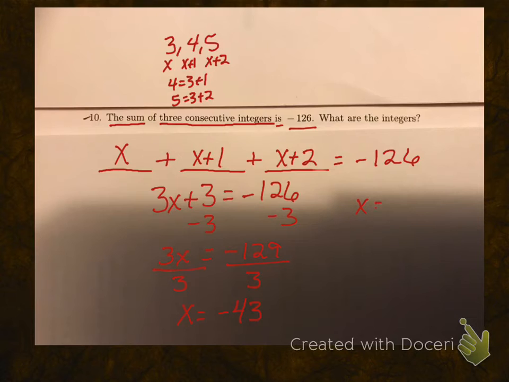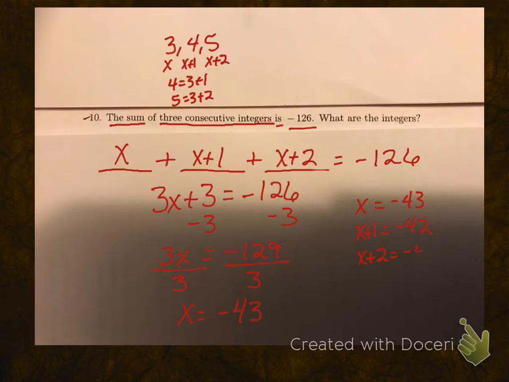Okay? So if x is equal to negative 43, then I add 1 to it. X plus 1 is going to be negative 42. So remember, now we're going back up. So the numbers are going to start getting smaller as they get towards 0.